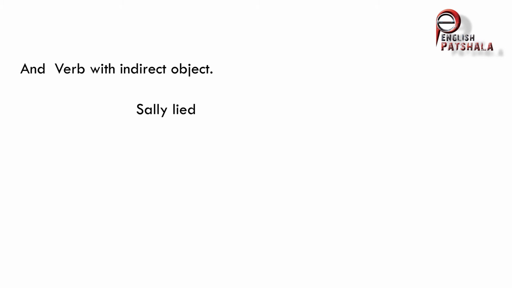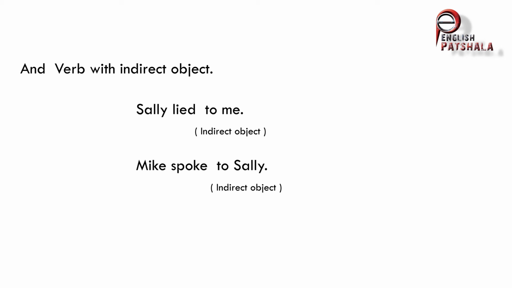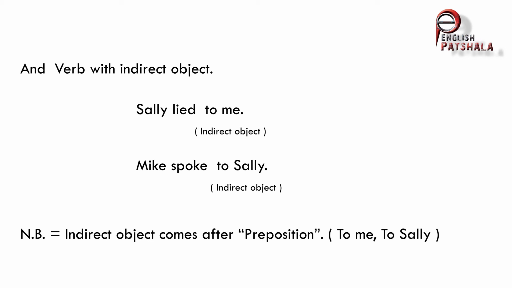Sally lied to me. Here to me is an example of an indirect object. Mike spoke to Sally. To Sally is an indirect object here. So one thing you must know, that an indirect object comes after a preposition.